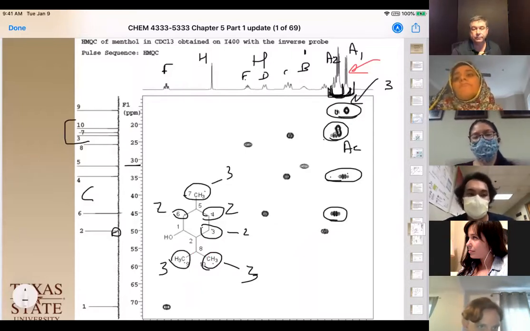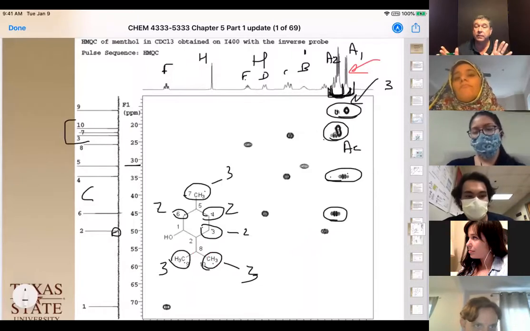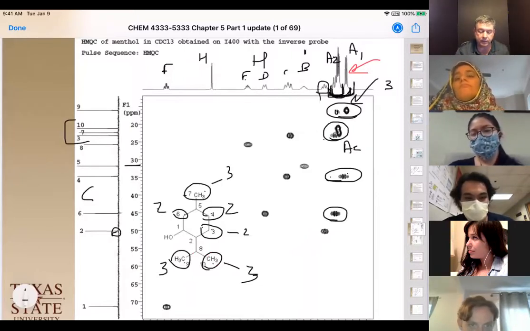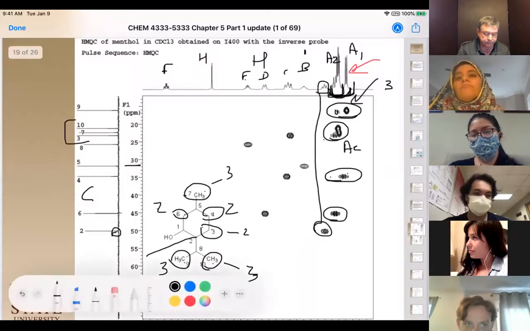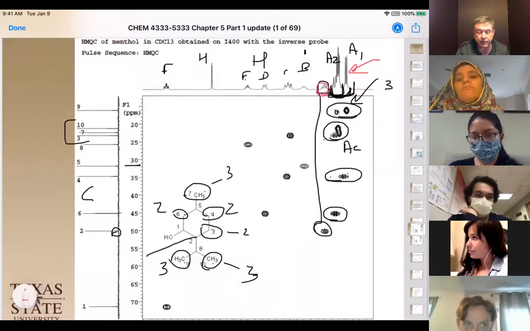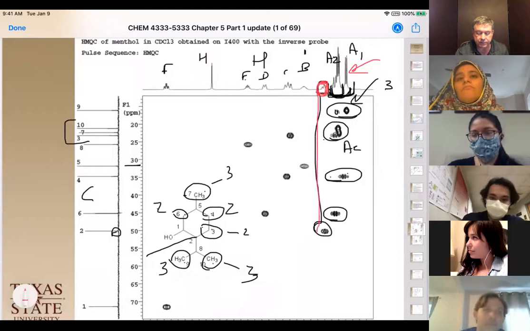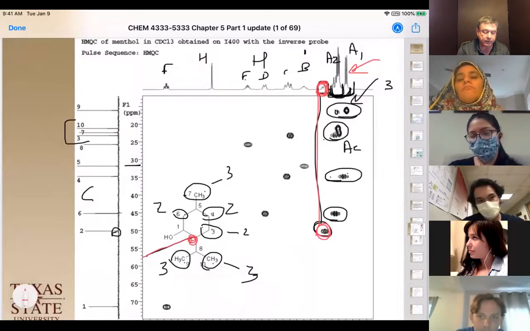Now, the ones that are starting to differentiate themselves are getting easier. This one right here is only correlated to carbon number 2. So that means, let me do a different color here, this peak right here is only associated with carbon number 2, which means this has that 1 hydrogen here.